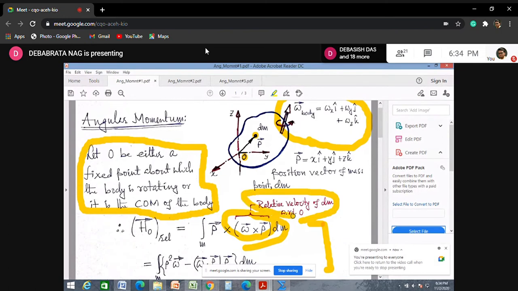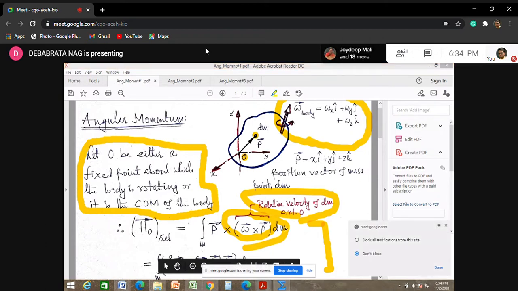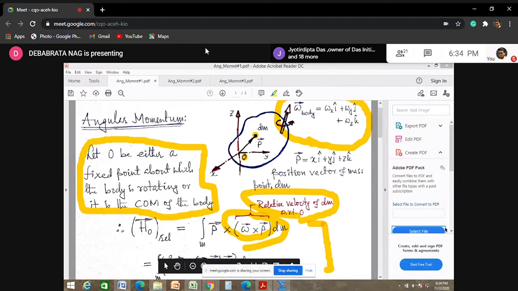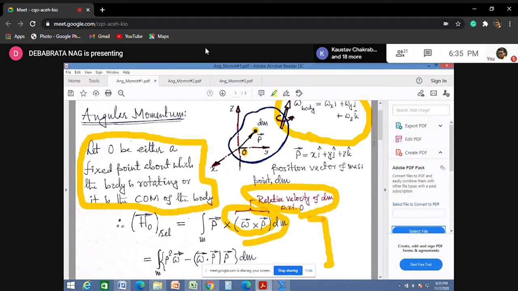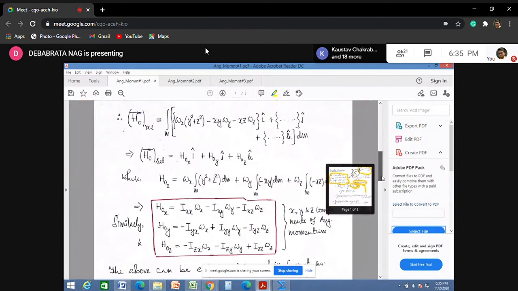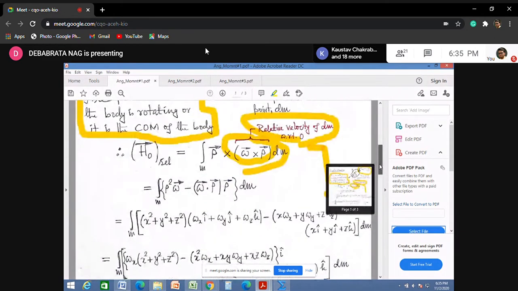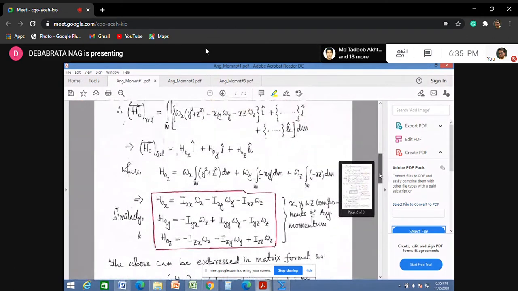Now, as long as you can express the relative velocity between these 2 points in this form, you can apply the resulting equation that we are going to discuss. If you follow the entire procedure, we get a special form.